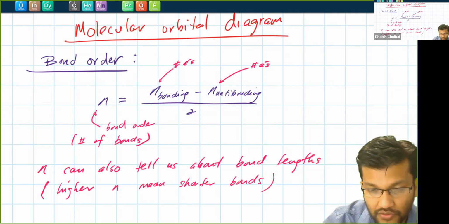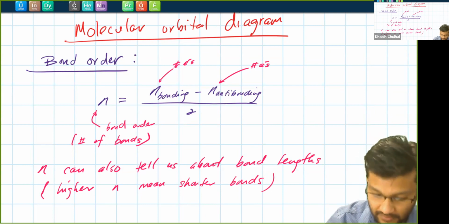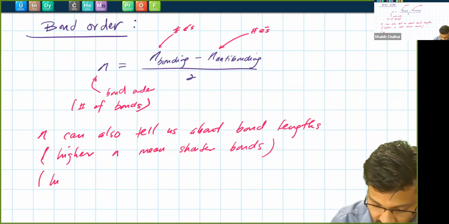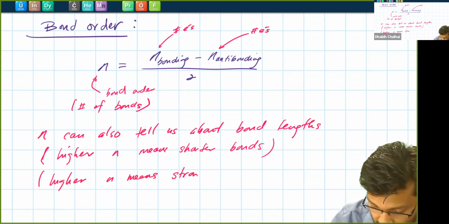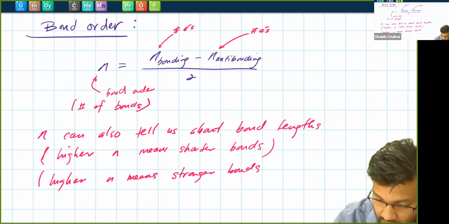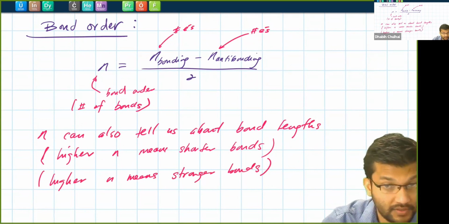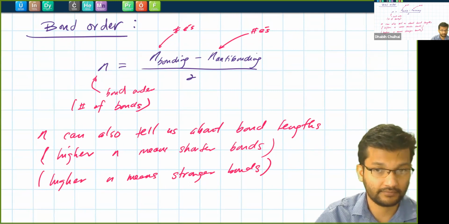The more bonds you have, the shorter they're going to be. Also, higher N means stronger bonds. The more bonds you have, the stronger they're going to be.